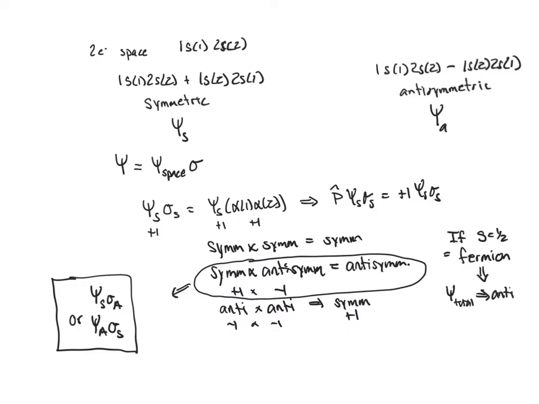And so our electrons must have anti-symmetric wave functions, and so our only possibility is to combine a symmetric with an anti-symmetric. So a symmetric space with an anti-symmetric spin, or a symmetric spin with an anti-symmetric space.